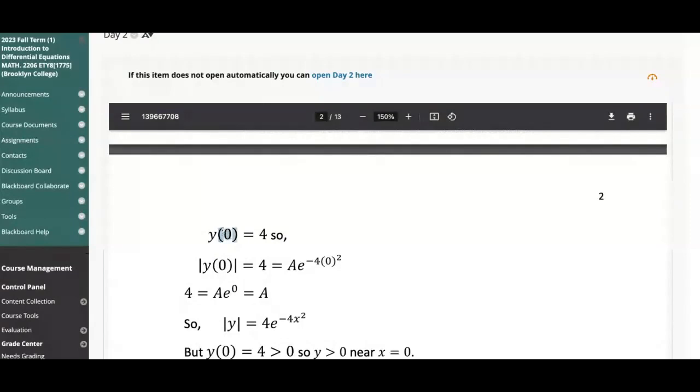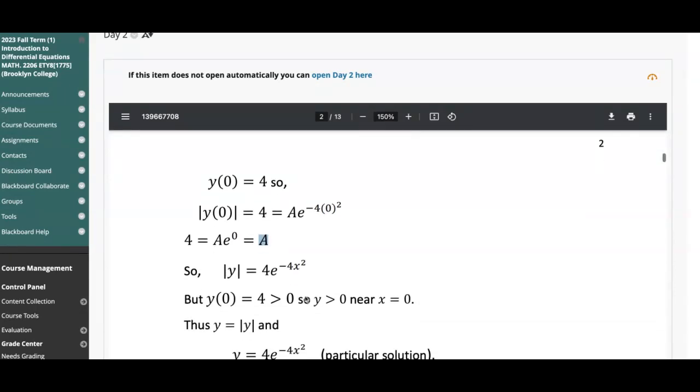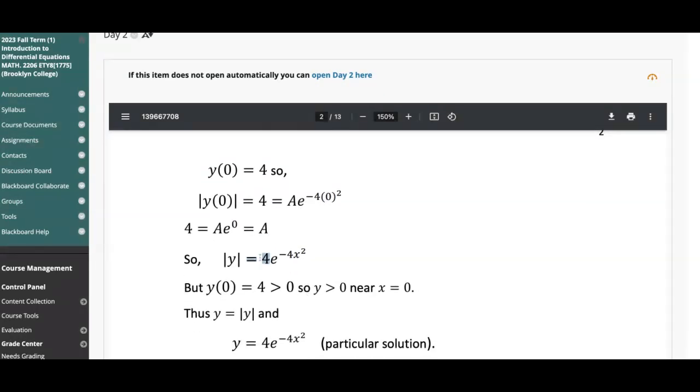And then we're given an initial condition. So y of 0 equals 4, we can substitute in. So the absolute value of y of 0 equals 4, equals this. Then we can solve for the number A. So A equals 4. Then we get a particular solution: absolute value of y equals 4 e to the negative 4x squared.